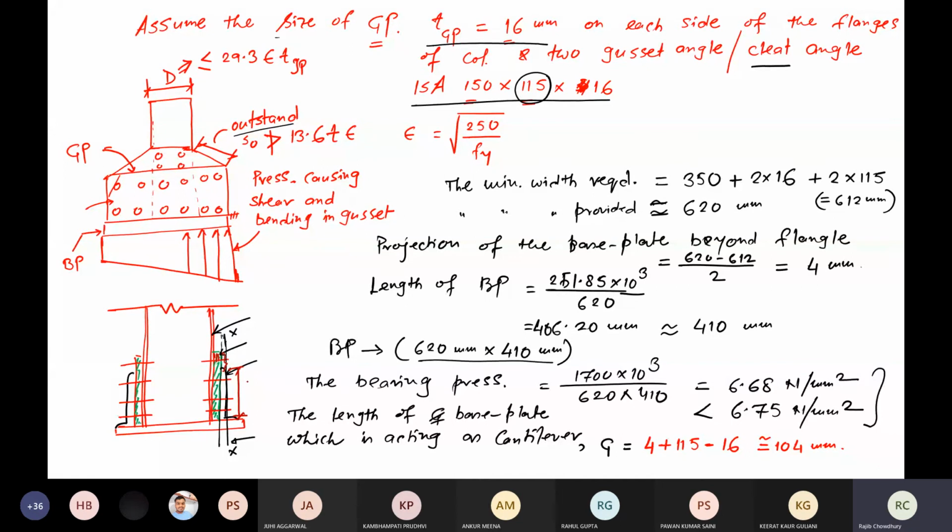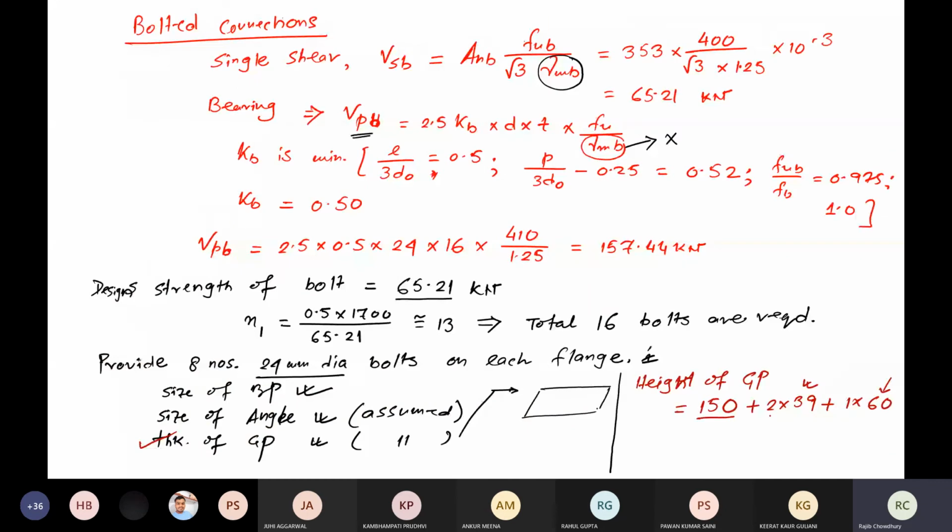In addition, you have to provide certain things to accommodate the bolts on the gusset plate, providing this much edge distance and end distance. And you have to provide a bare minimum pitch length also. So this total would be the bare minimum height of the gusset plate. So this becomes around 288 mm.